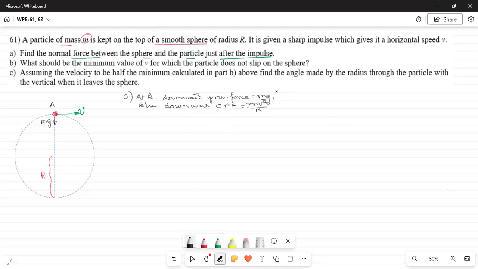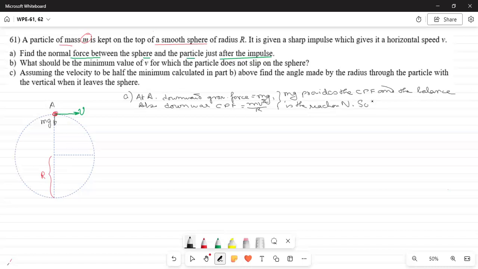Now the point is, this mg provides the centripetal force and the balance is the reaction N, right?